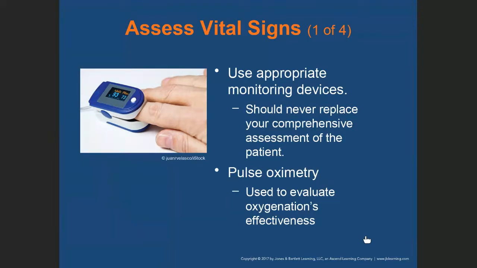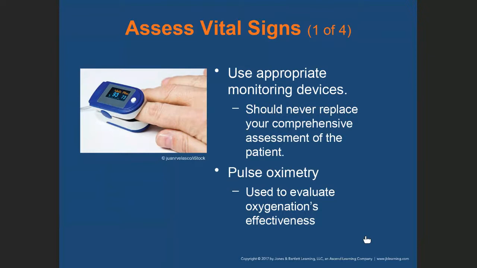The pulse oximetry measures the concentration of oxygen in the capillaries. It also gives you a pulse rate, so don't get in the habit of putting on your pulse ox, writing down the pulse ox reading and writing down the pulse. You need to check the pulse manually to see if it matches the pulse ox reading.